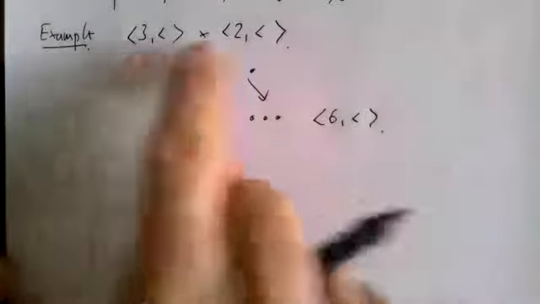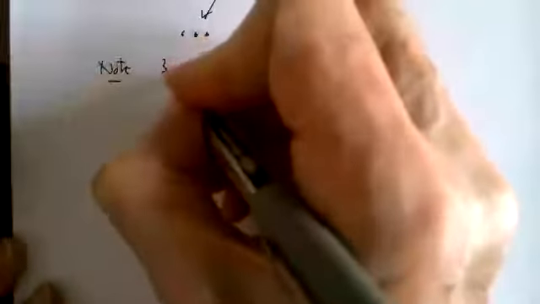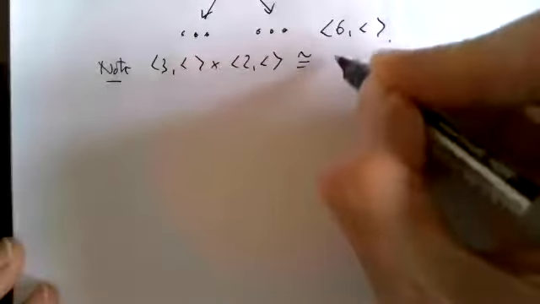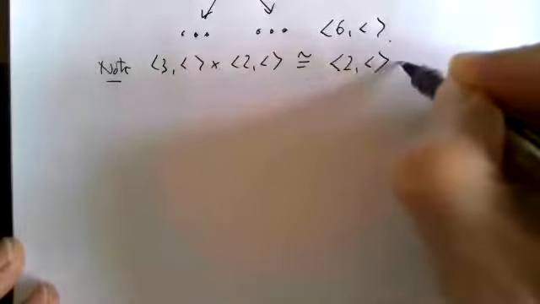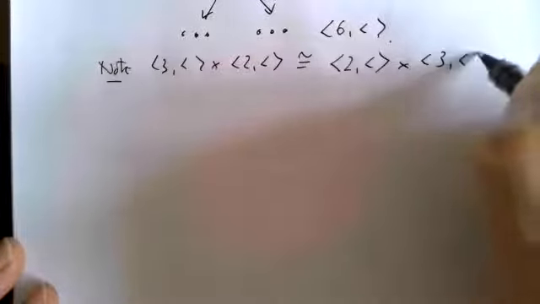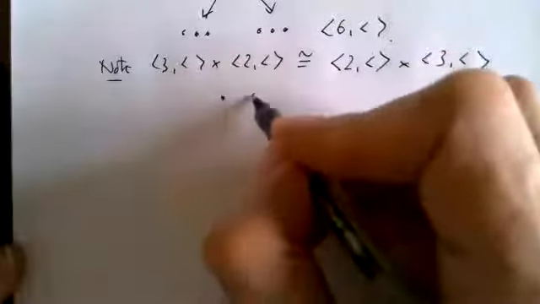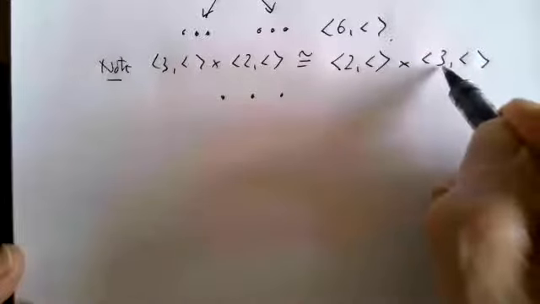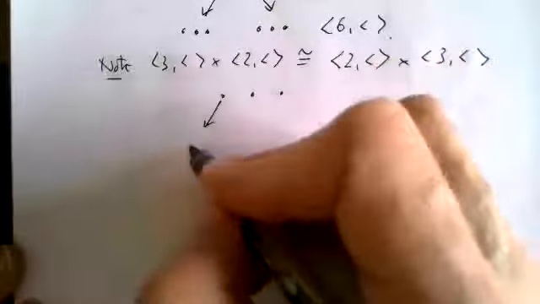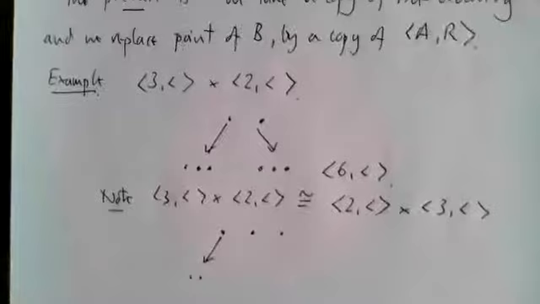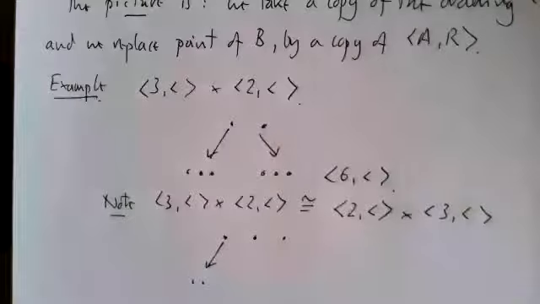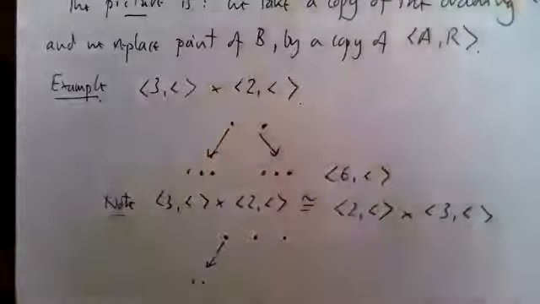And if I reverse this, of course I'm going to have the same thing. This is going to be isomorphic to, I take a copy of 3 and I just replace each point here with a copy of 2.